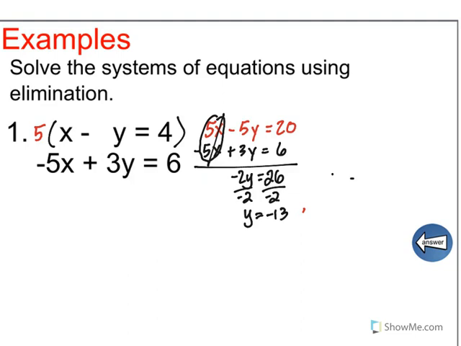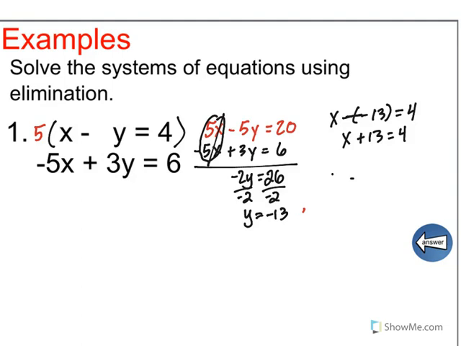For the x's, in order to figure out what the x is, I'm going to take negative 13 and plug it back into one of the two original equations. So I'm just going to pick the first one since that one's a little bit easier. Instead of x minus y, I'm going to have x minus negative 13, which would change to x plus 13. So x plus 13 equals 4.